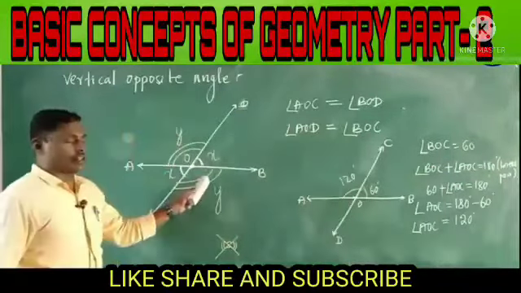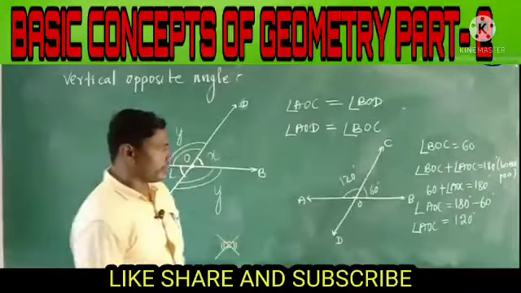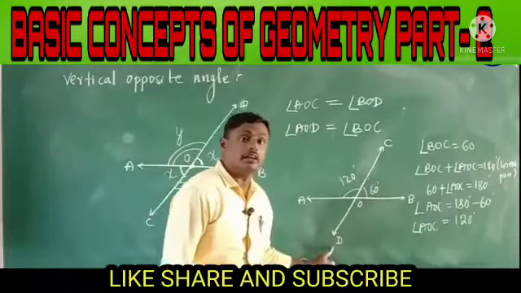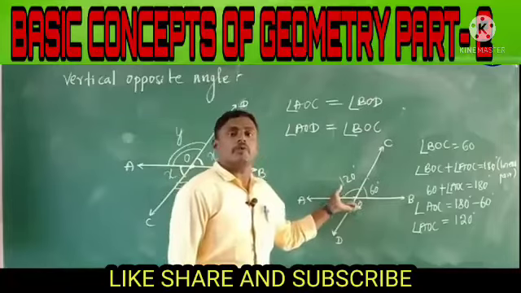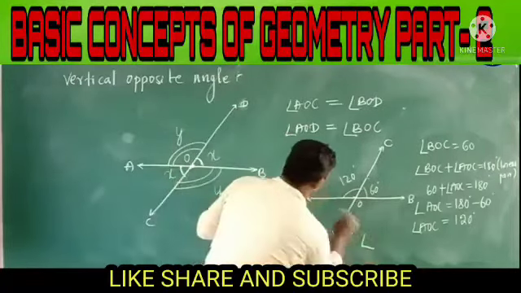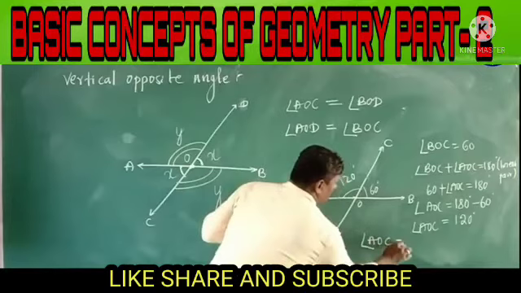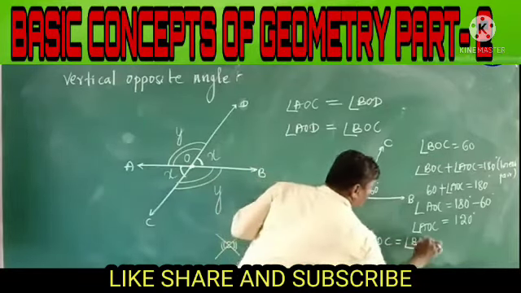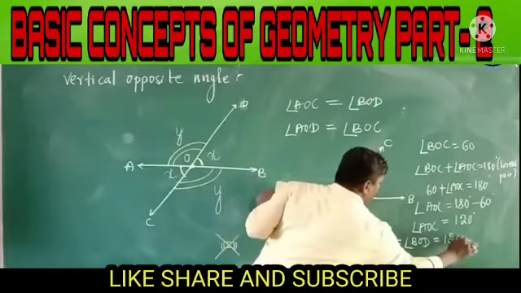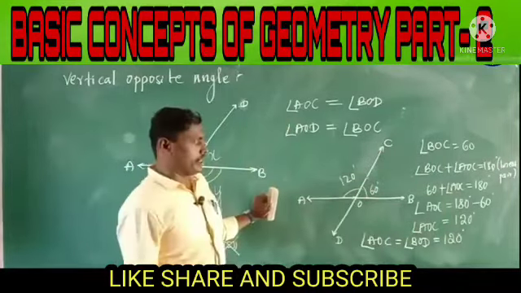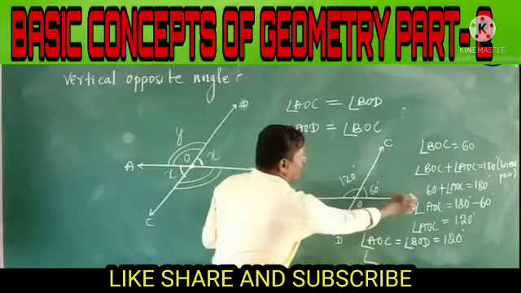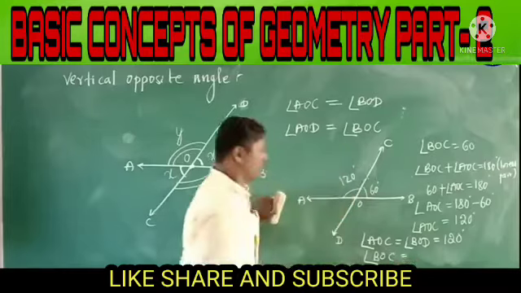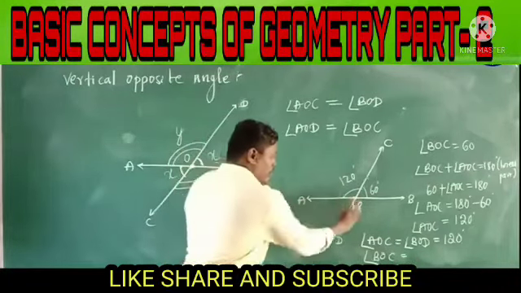Here we already discussed the opposite angles are equal. So AOC and BOD are one pair of vertically opposite angles. Angle AOC is equal to angle BOD. Both angles are 120 degrees. Next, angle BOC is equal to angle AOD.